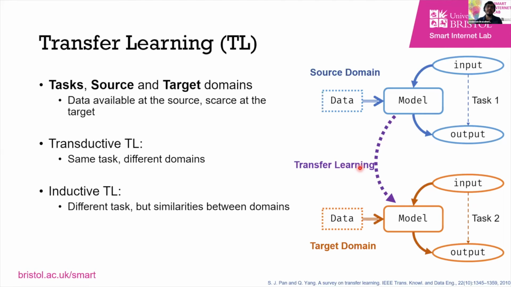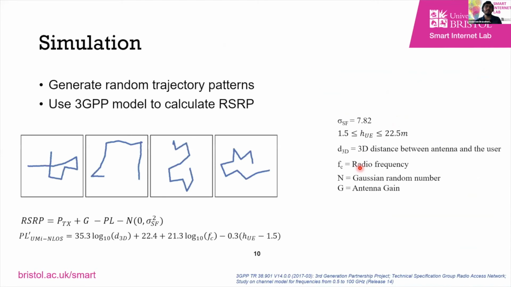And that domain clearly came to us in the form of a simulation. There are some mathematical models, regularized by entities like 3GPP, etc., that you can use to estimate and model how the RSRP values will change according to the area that you are in.